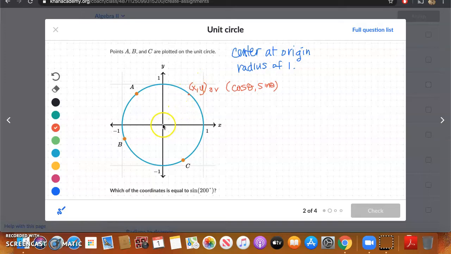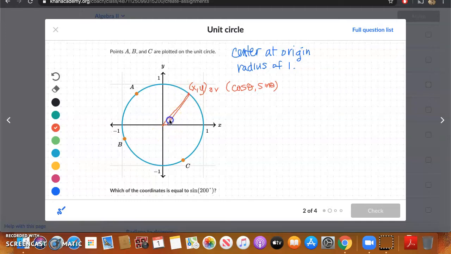Theta is the angle that's formed by this. Let me try that again. For some reason, this thing is lagging today. Imagine if I drew a radius from the center to the point.